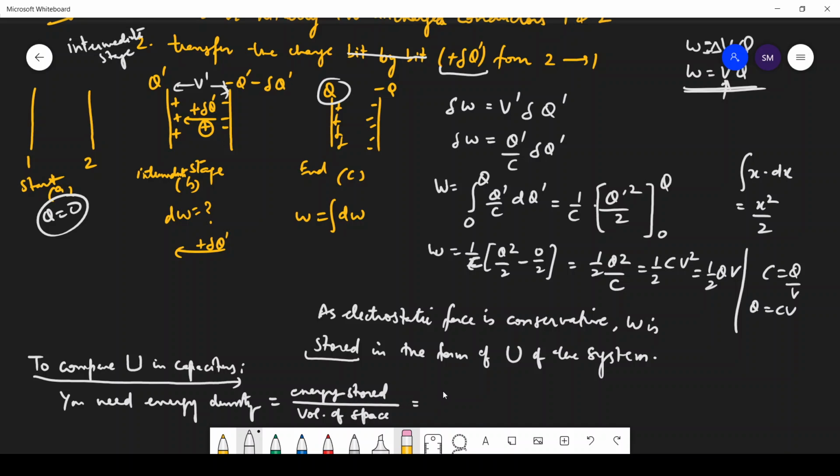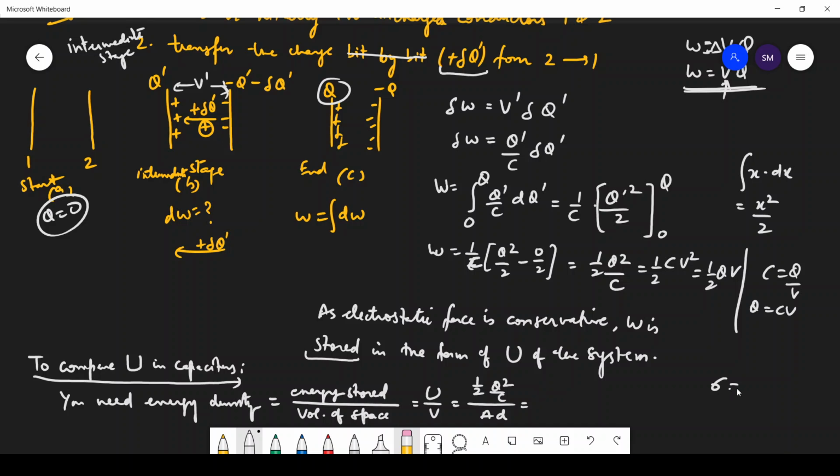Fine. We already know the energy stored is this. So that is U by V. What is U? 1 by 2 Q square by C, divided by the volume. What's the volume? Volume is A into D. Now we'll write the charge in terms of surface charge density.